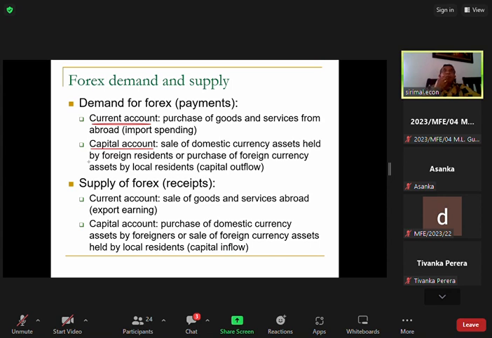When they keep our bonds and our stocks and want to sell them, that will generate payments. Or purchase of foreign currency assets by local residents. So there are two things here. Either way, they generate capital outflow. So that is the demand side.